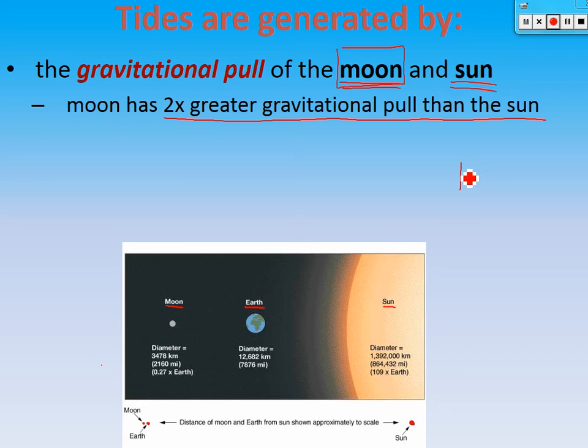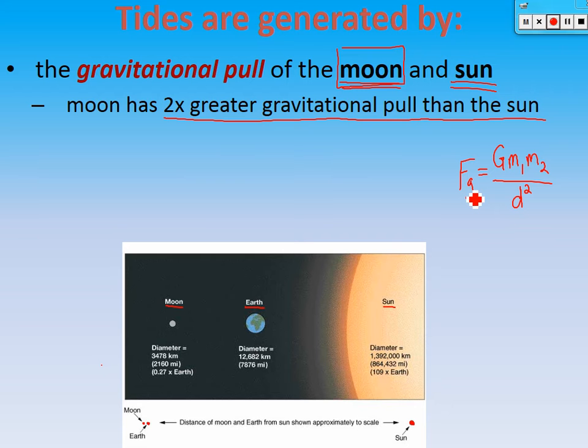So we've been studying this equation, Newton's universal law of gravity. The force of gravity is equal to the universal gravity constant times the mass of one of the objects times the mass of the other object divided by the distance between those two objects squared. And because the distance is squared in this equation, it's going to play a larger role in determining the force of gravity.